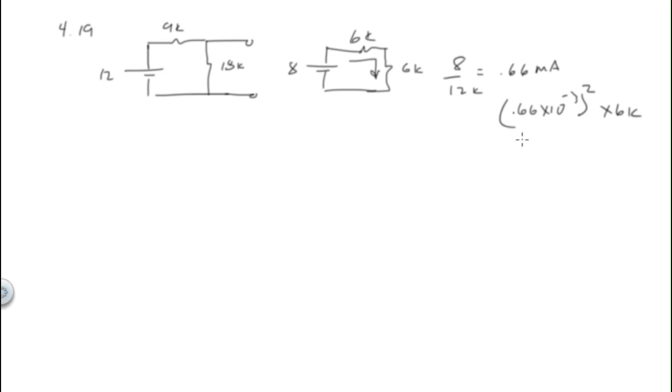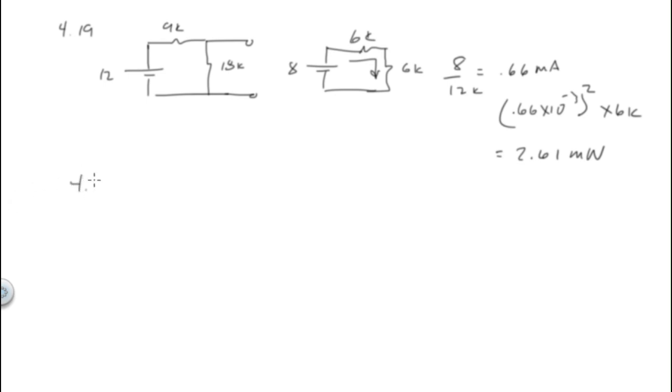We got to get our units right. 0.66 squared times 6,000 equals, oops, 0.00066 squared times 6,000. So it's 2.61 times 10 to the minus third watts, or milliwatts. 2.61 milliwatts.